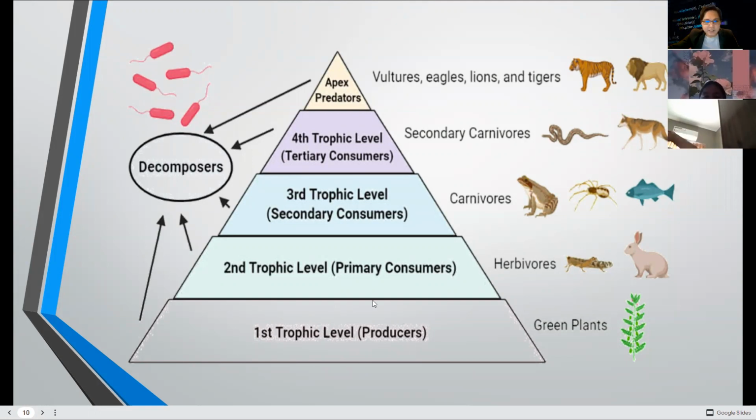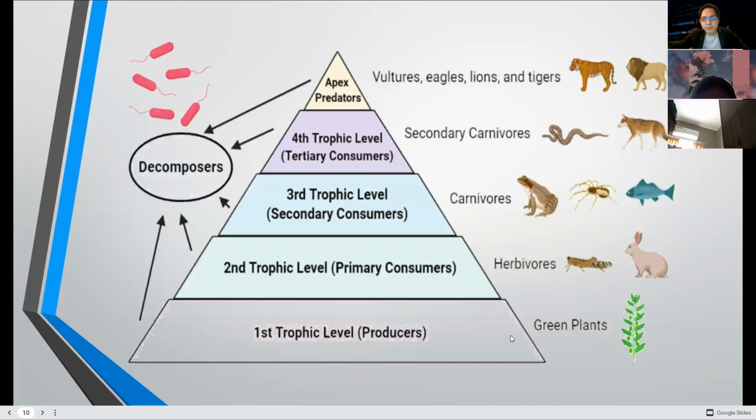As you go up to the second trophic level and to the apex predator or the tertiary consumers, the energy becomes less and less until it goes back to the decomposers or the soil.